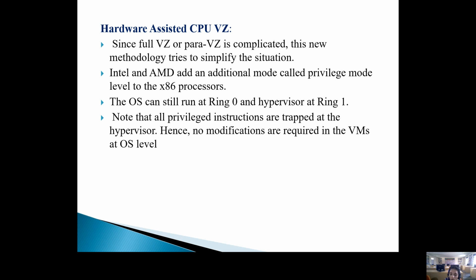Therefore, the operating system can still run at ring 0 and the hypervisor can run at ring 1. All the privileged and sensitive instructions are trapped in the hypervisor automatically. This technique removes the difficulty of implementing binary translation of full virtualization. It also lets the operating system run in virtual machines without modification.